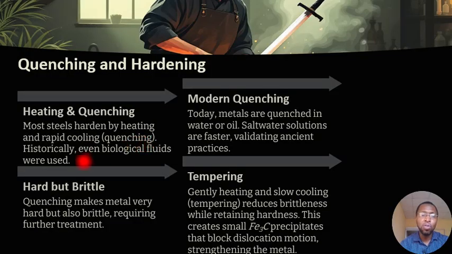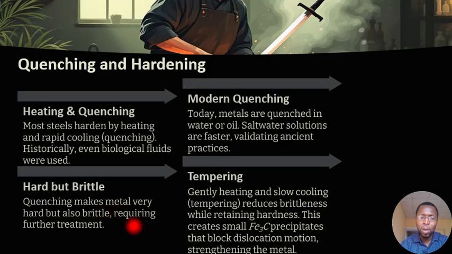Historically, quenching was done using biological fluid. After you have heated it, you put that metal into a biological fluid and rapidly it will cool off. The effect of quenching is that when the metal has been cooled down, I mean the hotness has been quenched, it will now become hard.